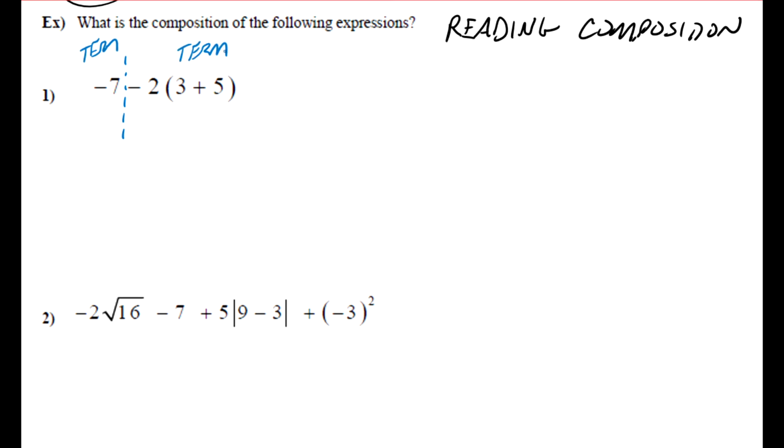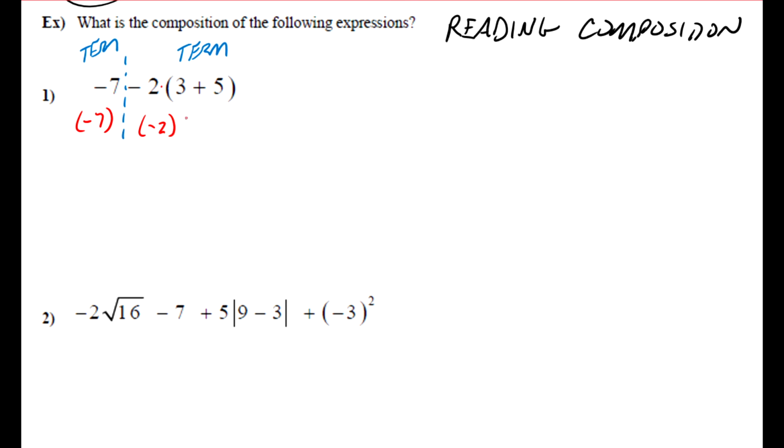So as we look at the terms, the next thing is the factors in each term. Well, -7 is actually considered that term, but it's also a factor of that term. The factors of the second term start with -2 times, so one of the factors is -2, so I'm going to use parentheses to represent that factor.